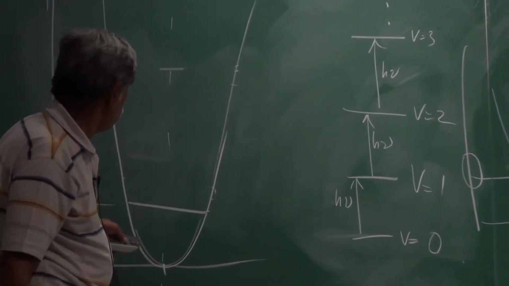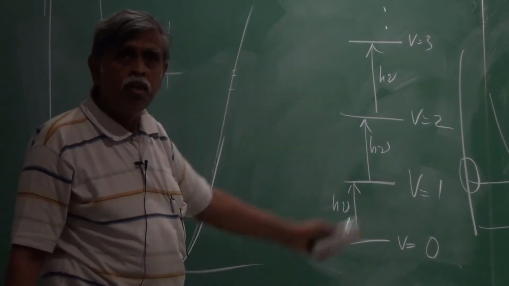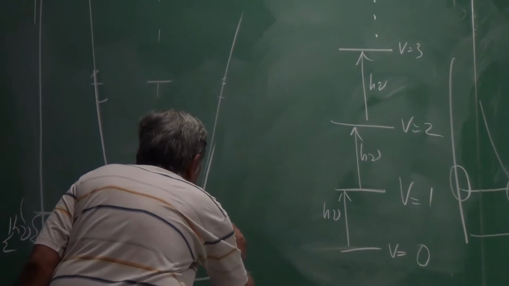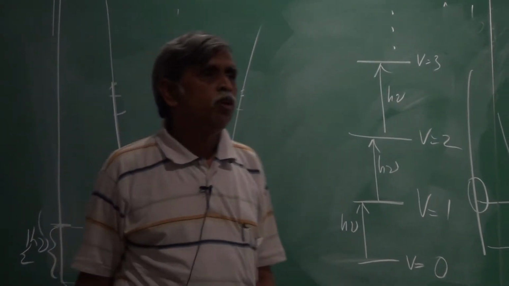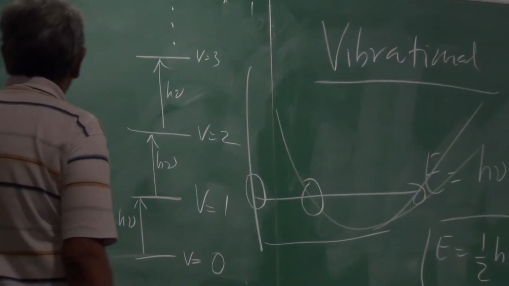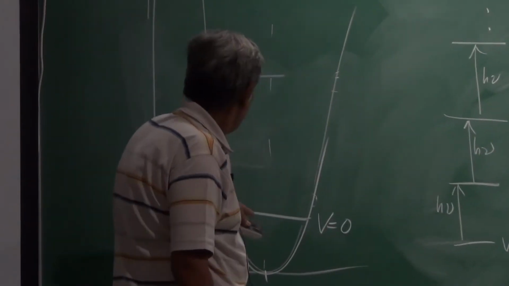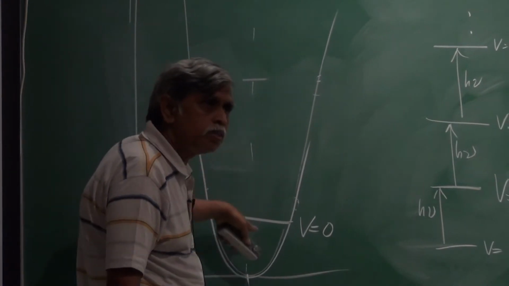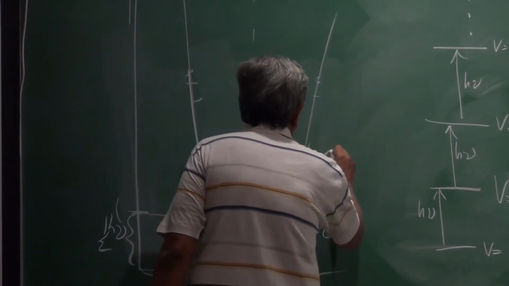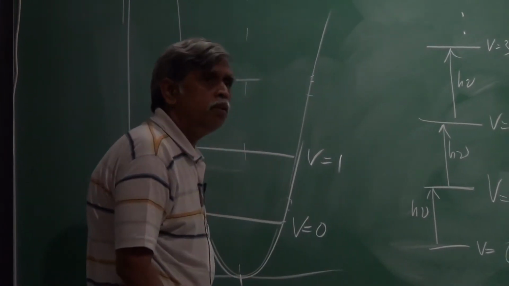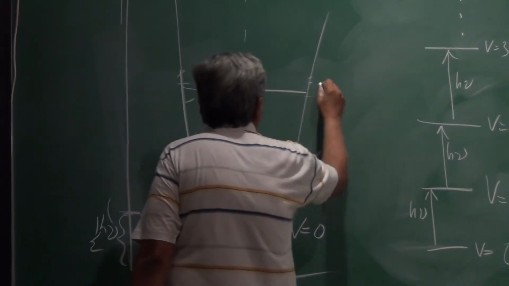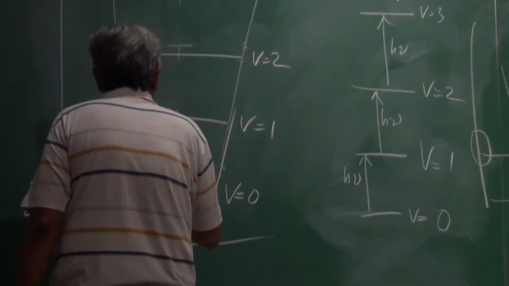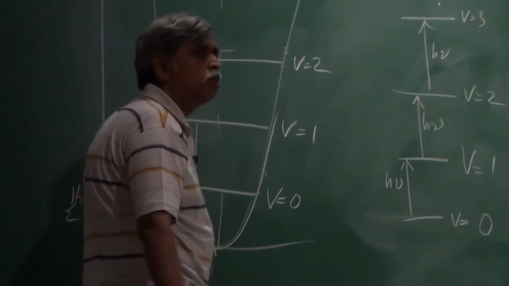I locate a horizontal slope in that potential. And what is this going to be? V equal to 0. Where will V equal to 1 be? It will be up there at a distance h nu away from this line. And where will V equal to 2 be? Up there. This is h nu, this is h nu, this is half h nu, and so on.